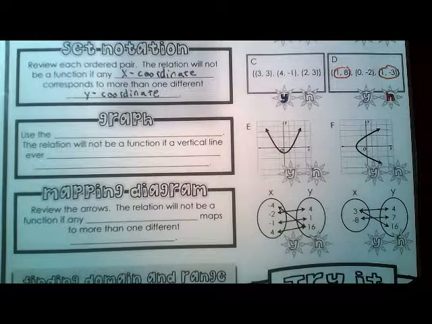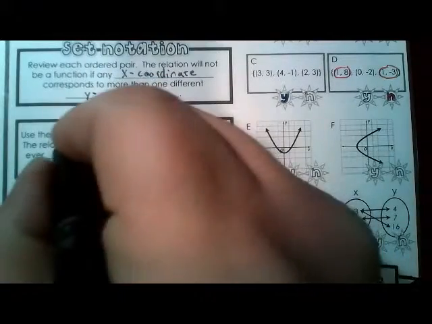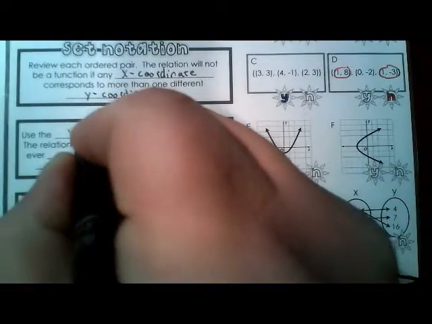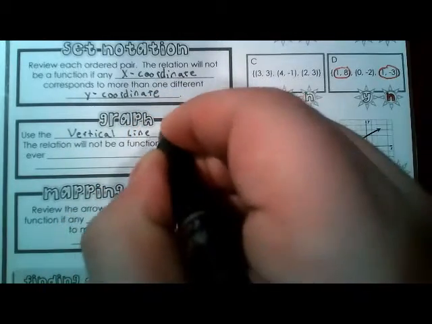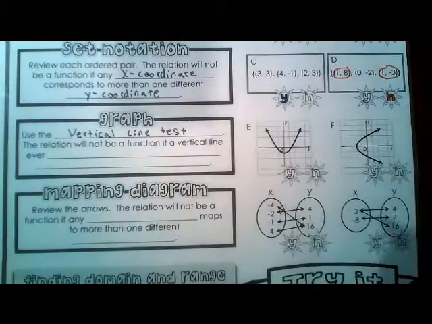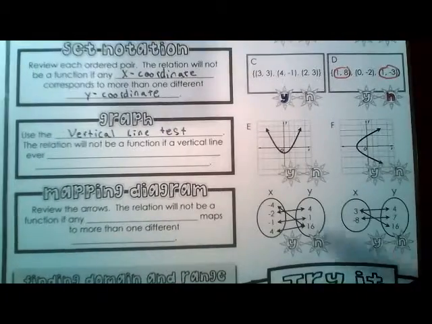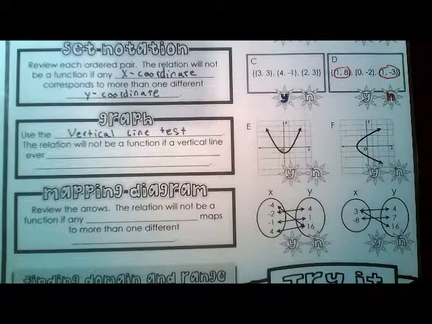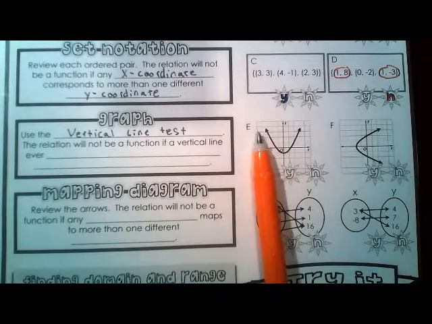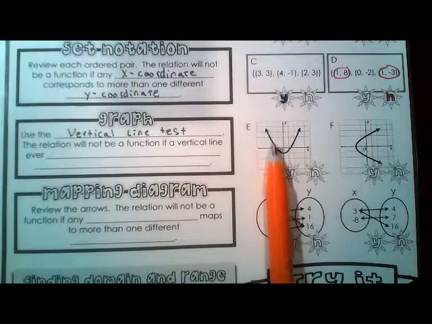And when you're given a graph, we actually use something that's called a vertical line test. Okay. So if we use the vertical line test, which is basically just taking an imaginary vertical line, you sometimes use your pencil as that imaginary vertical line.